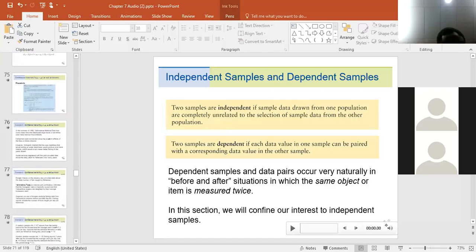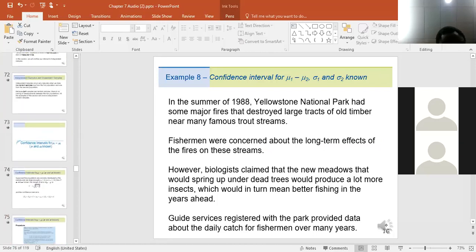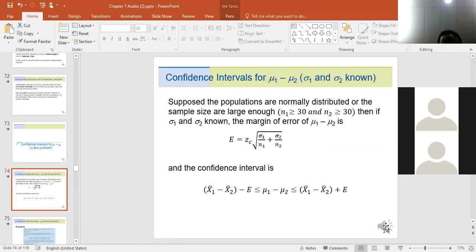And this is the formula for the margin of error when sigma is known. Z alpha over 2, I like alpha over 2 so that you know that is the value of the tail.